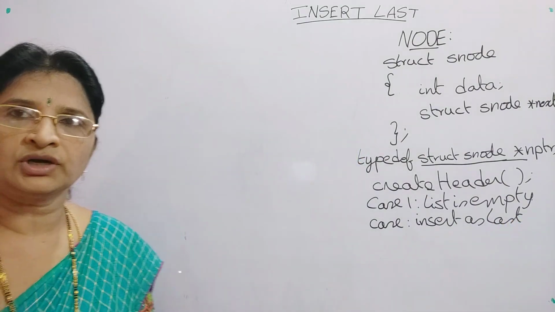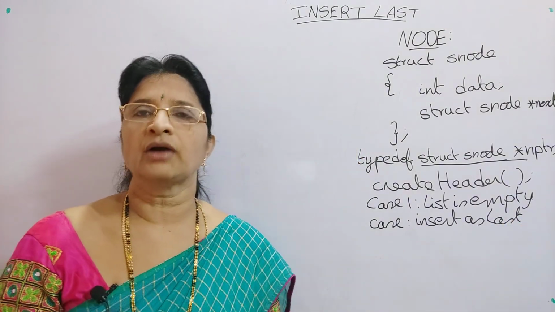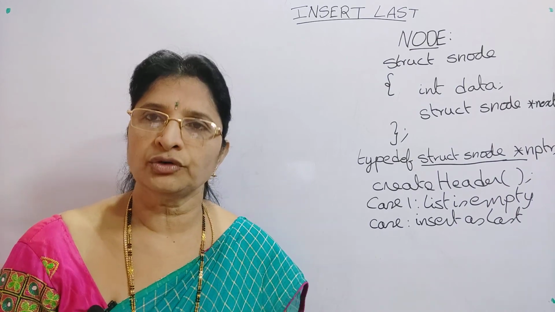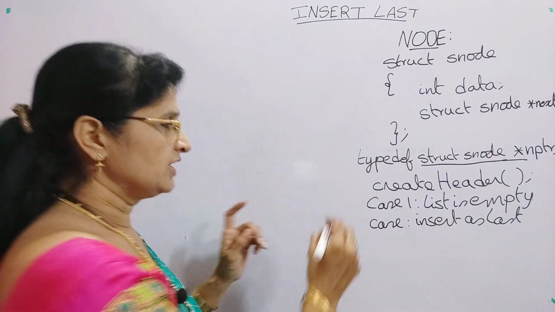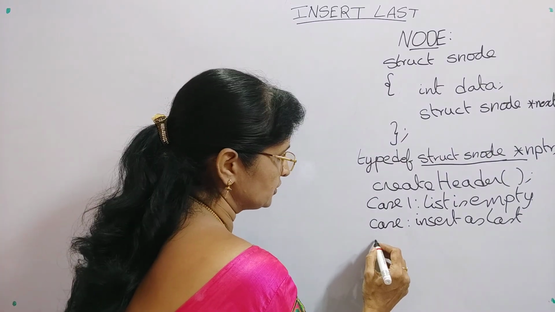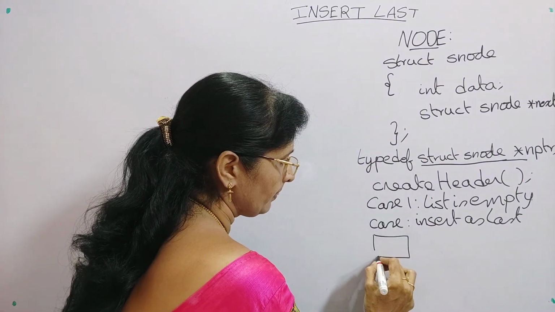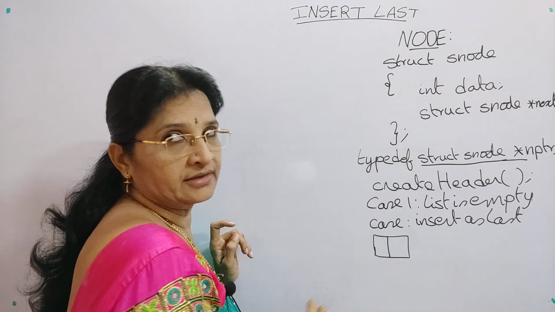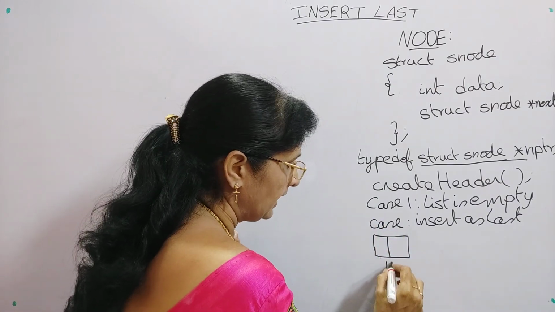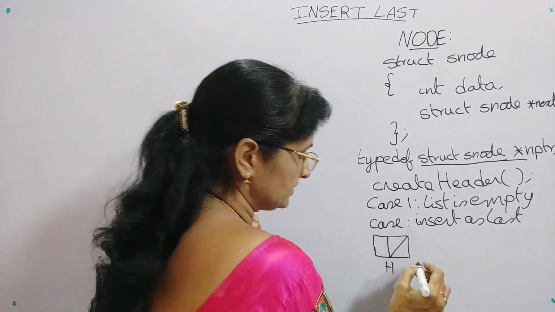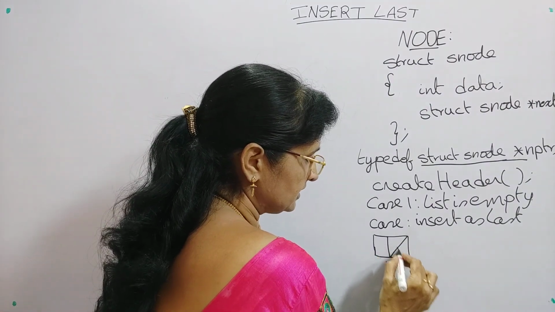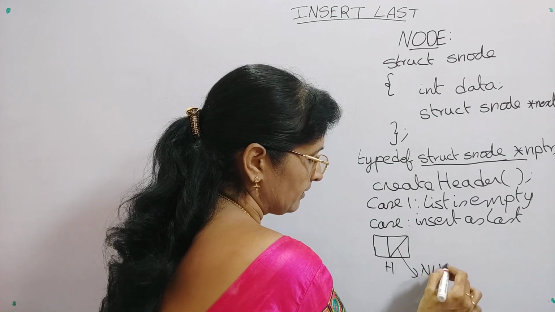Here we have to consider two cases, so our function should work for both. For example, in the first case, only the header is created. This is your header, and the header next is null.